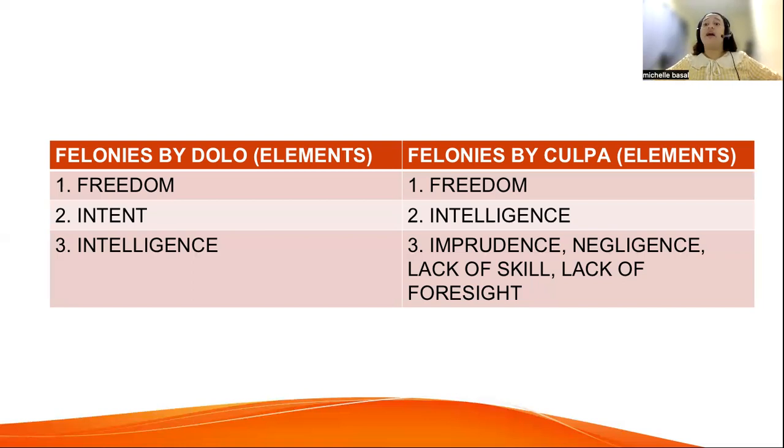An accident is unplanned, there was no intention to do this thing. But if an accident occurs and by reason of such accident another person, a victim, suffers an injury, then we can still be held liable for that. So there can be reckless imprudence resulting in homicide, reckless imprudence resulting in physical injuries, or if we cause damage, then there is reckless imprudence resulting in damage to property.